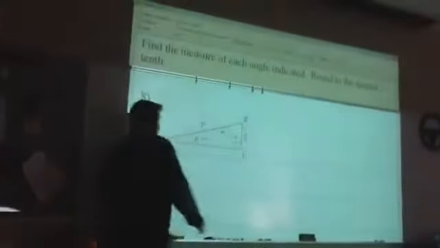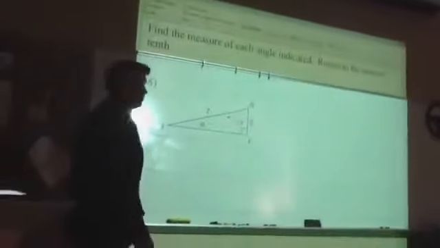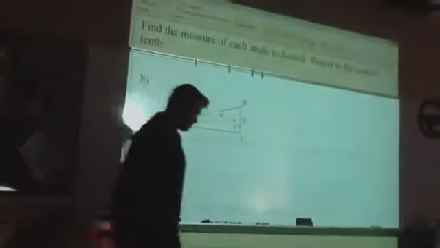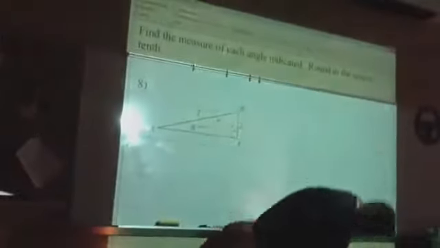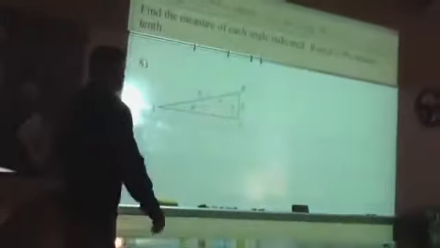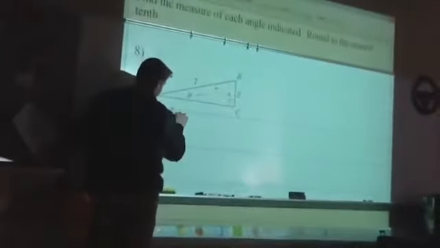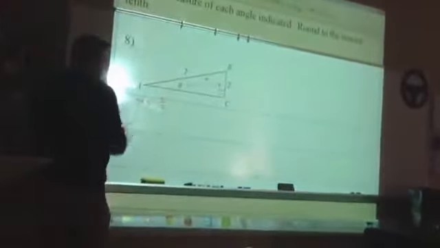I also have the opposite side. What uses the opposite and the hypotenuse? Sine, cosine. Because now they both use hypotenuse. But sine uses opposite over hypotenuse, so I'm going to say the sine of theta equals the opposite side 2 over the hypotenuse 7.